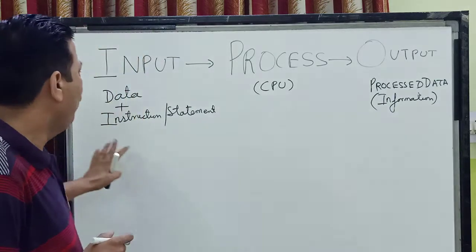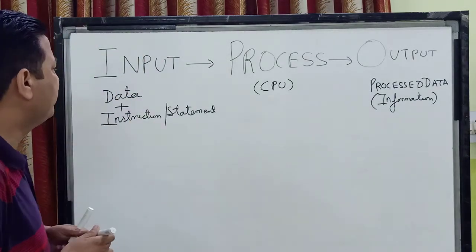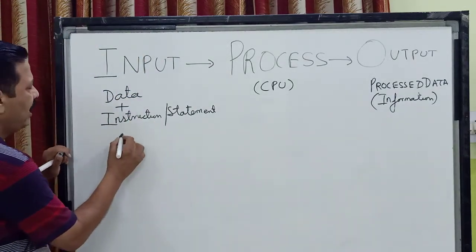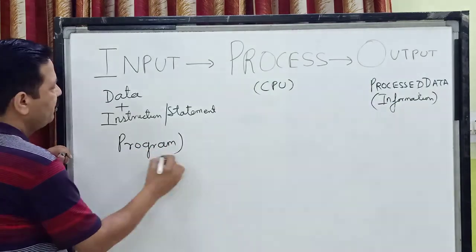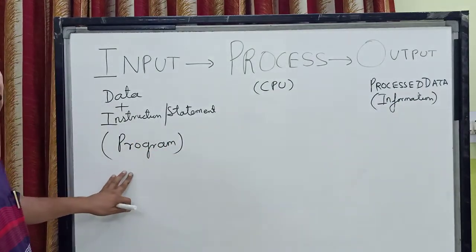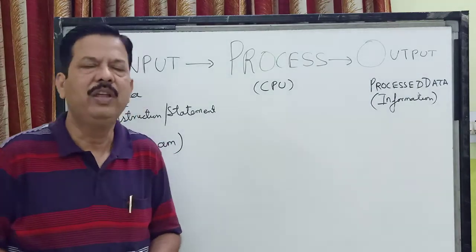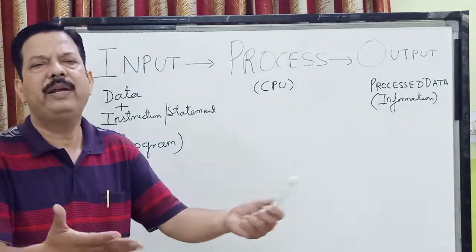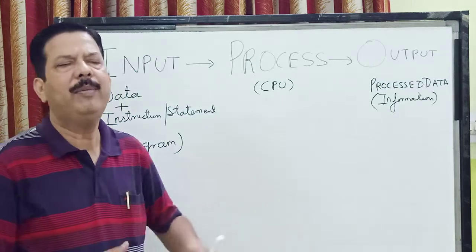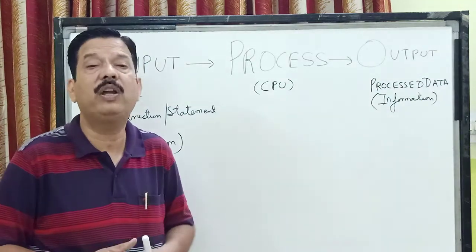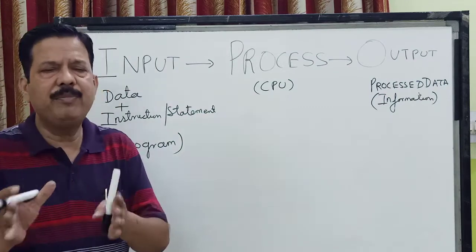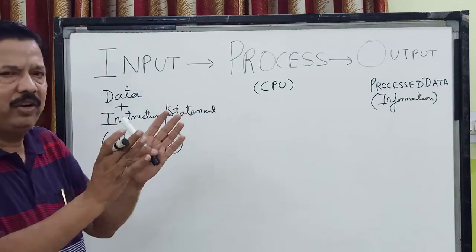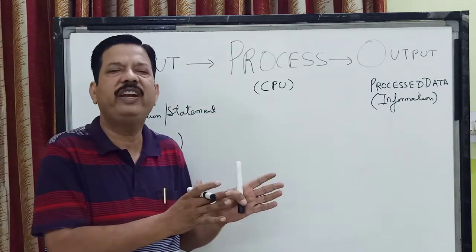Now children, when we are talking about data and instructions, a similar word comes up which is called a program. This is the main thing we will be talking about, because you will be getting questions to write a program to do this. So we must first know what a program is. A program in any computer language has a set of rules, its own syntax.